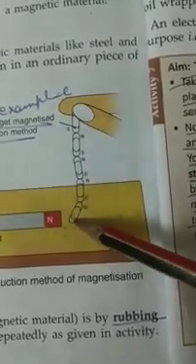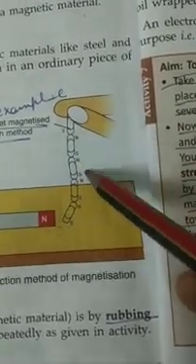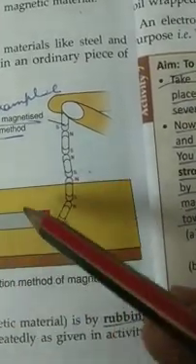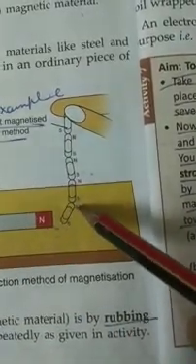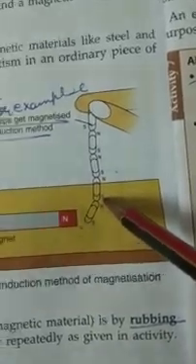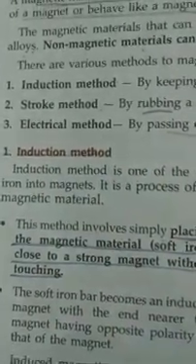Induced magnetism is a temporary process. Which process? Temporary. If the permanent magnet is removed, the magnetic material will lose its induced magnetism. This method is the induction method. We have this magnet.